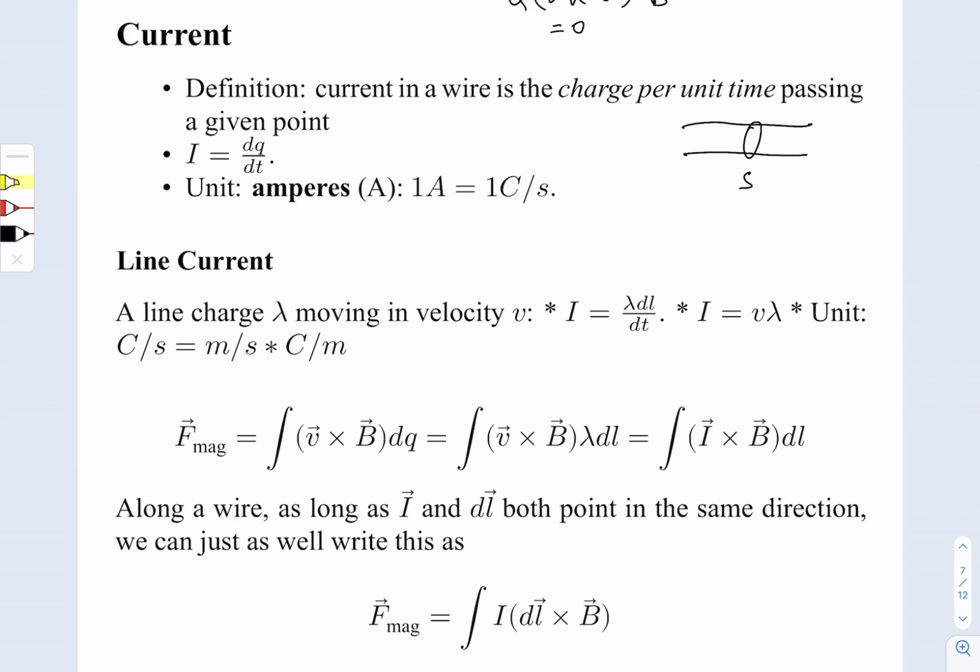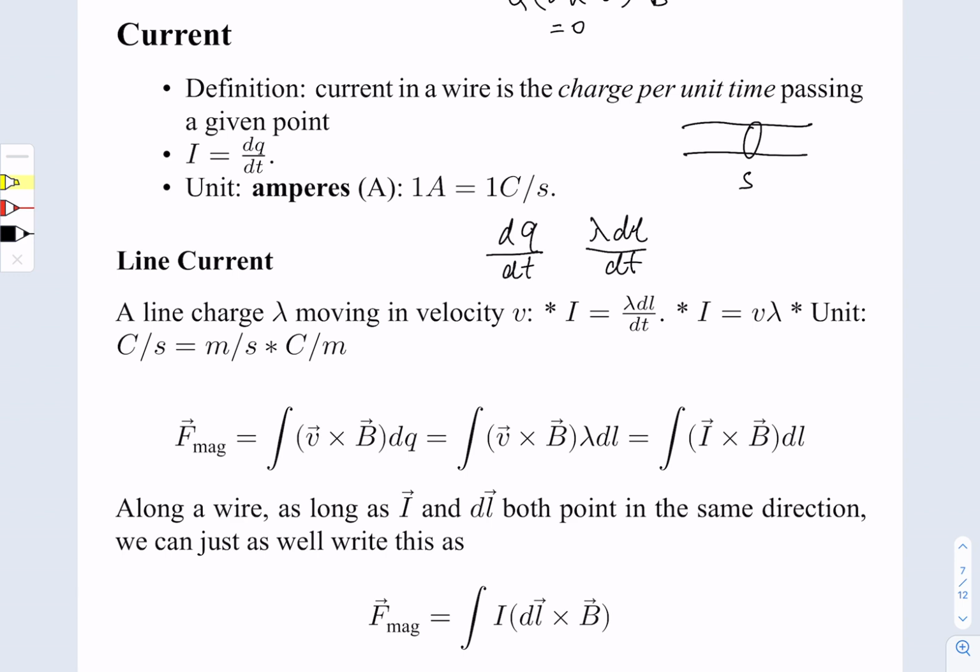You can think of a line current as having a line charge lambda that moves with a constant velocity v. If you use the definition of dq dt, here the dq dt can actually be rewritten as lambda dl dt.